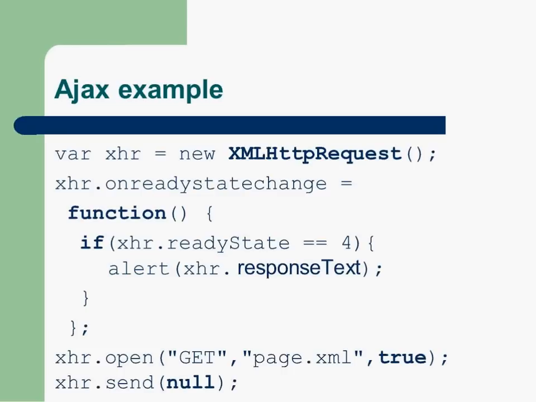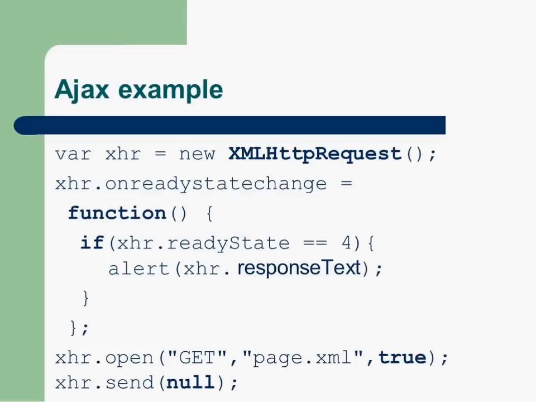But when is this called? In the bottom line, xhr.send, the time when you make a request. That code, xhr.send, can be based on a condition, like the click of a button. We'll see in the next slide how we add the event handler.